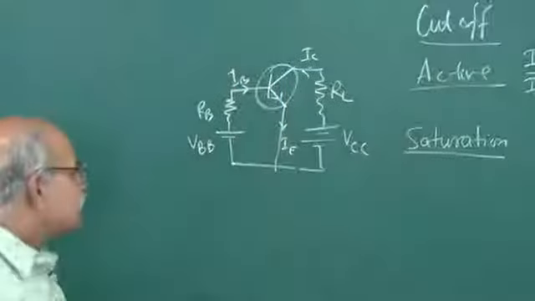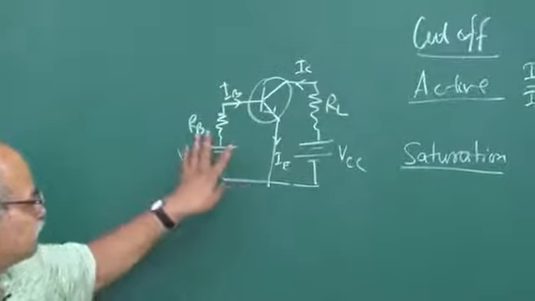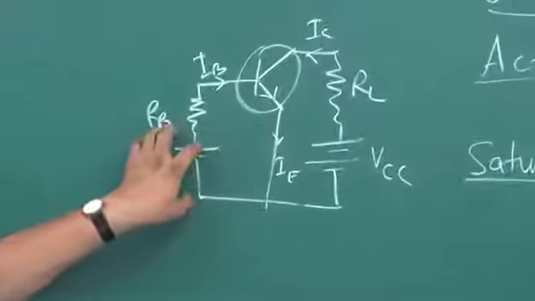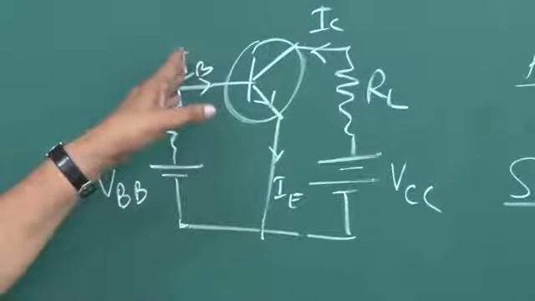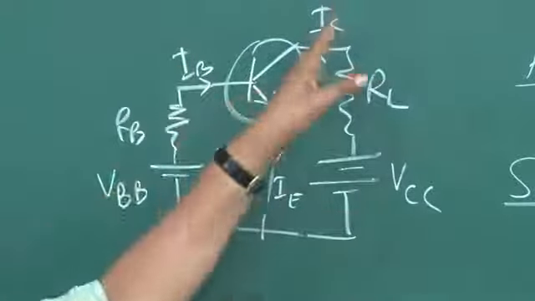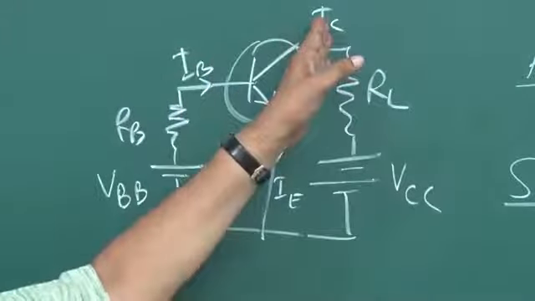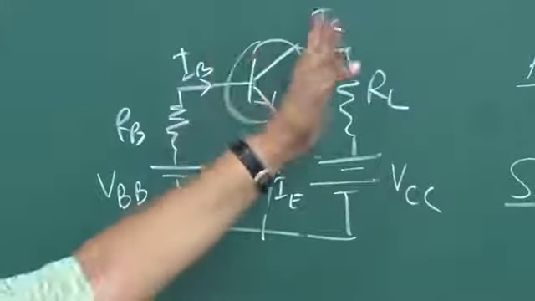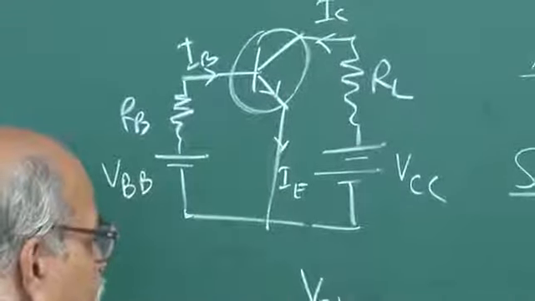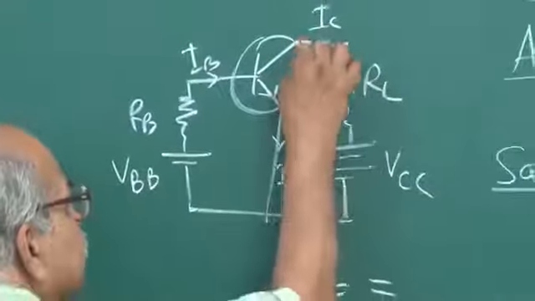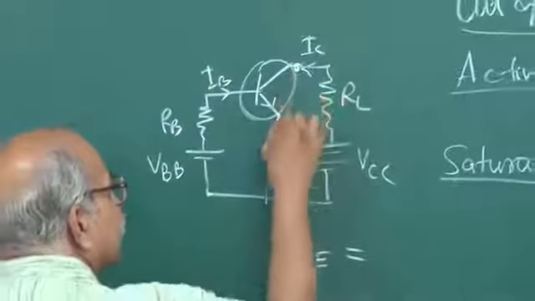So, to start with, suppose we have our biasing battery low, so that this IB is low and this is reverse bias, and IB is low, then correspondingly it will be beta times IB, but that is also low. So, what is VCE? VCE is between this point and this point, or this point and this point.